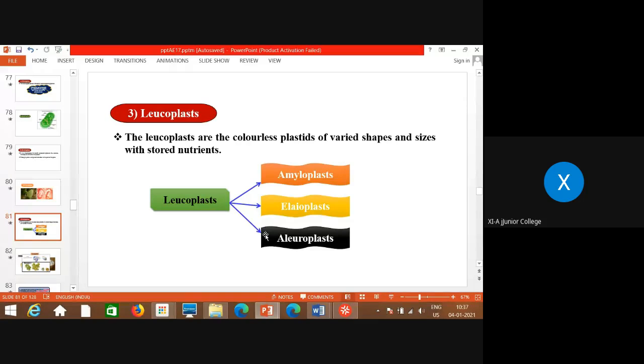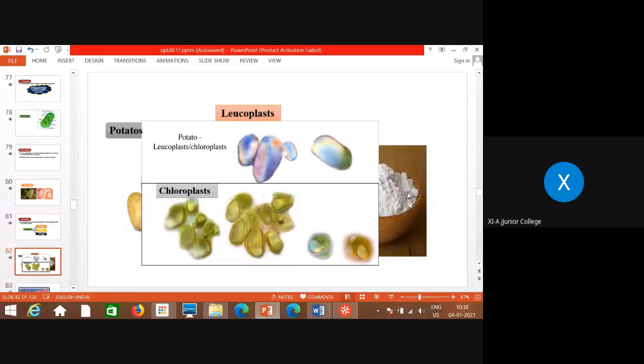Now you can very easily remember their names. Amyloplasts show the presence of amylose, that is carbohydrates as well as starch. Here, in the case of potato, this is an example which shows the presence of leucoplast and sometimes chloroplast. When green colored pigments are present, that is called chloroplast, and colorless ones are called leucoplast.